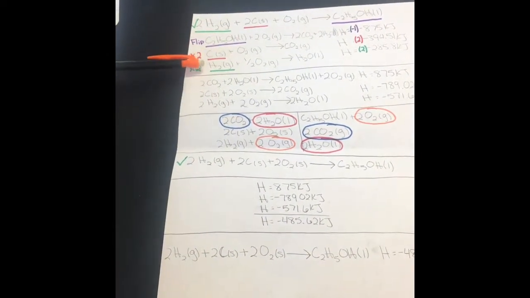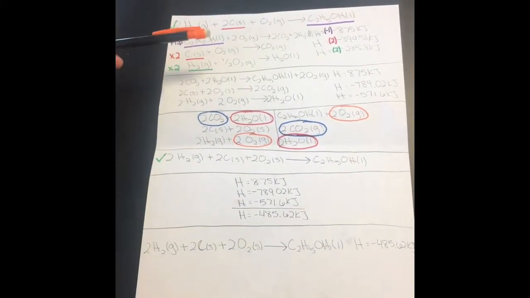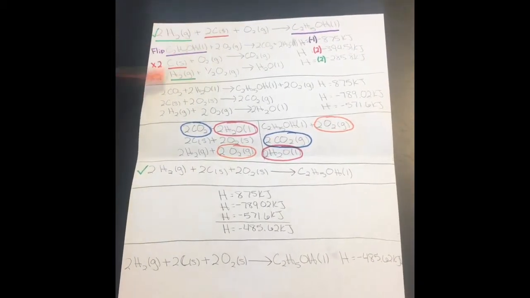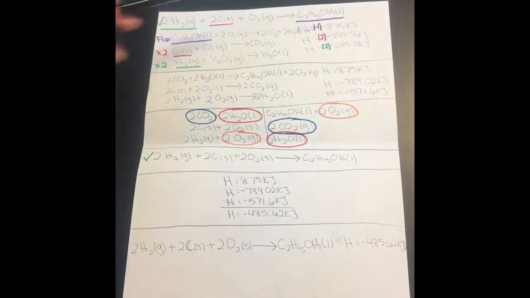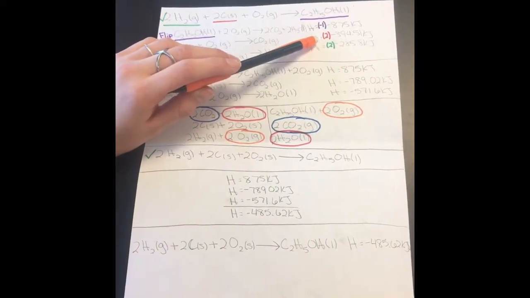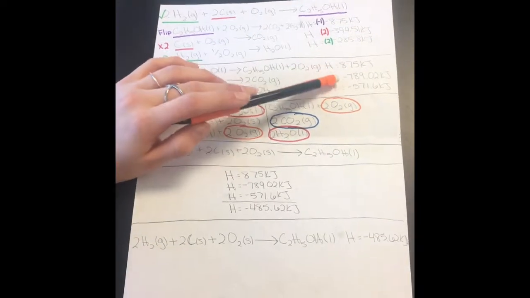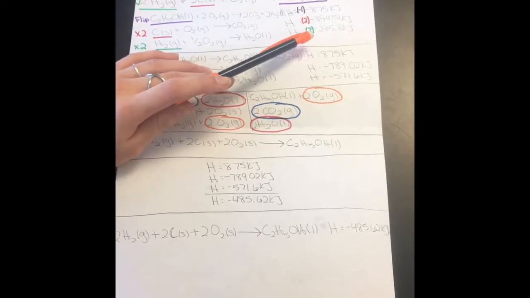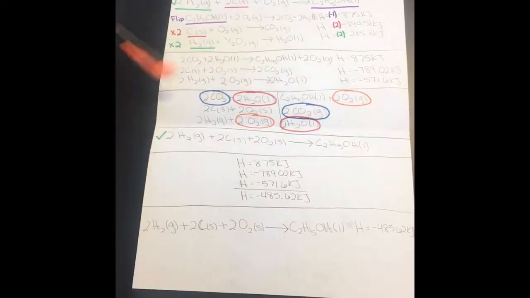For this one as well, you have to multiply the whole row by 2 because at the beginning it has 2H2 and this just has 1, so you multiply it by 2 to get the 2 in front. So you multiply both of the changes of heat by 2. The negative 394.51 turns into negative 789.02, and the negative 285.8 turns into negative 571.6 kJ.